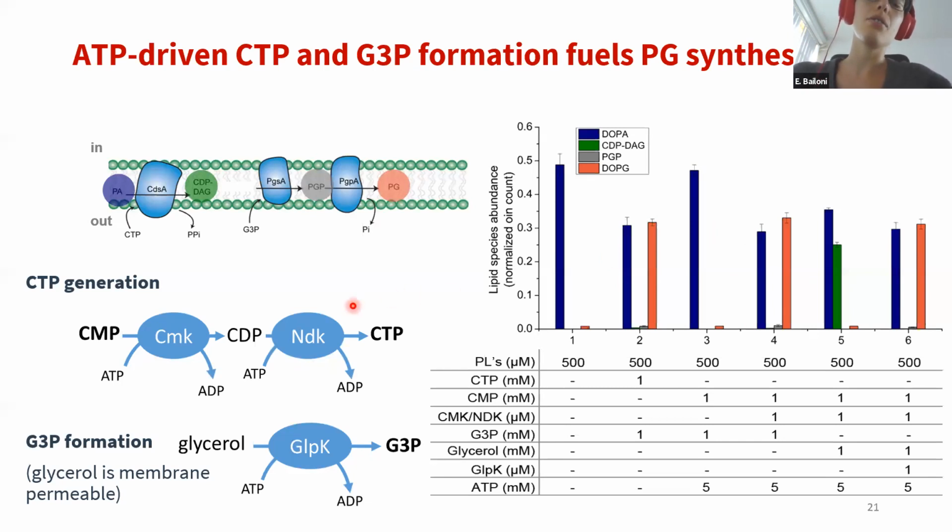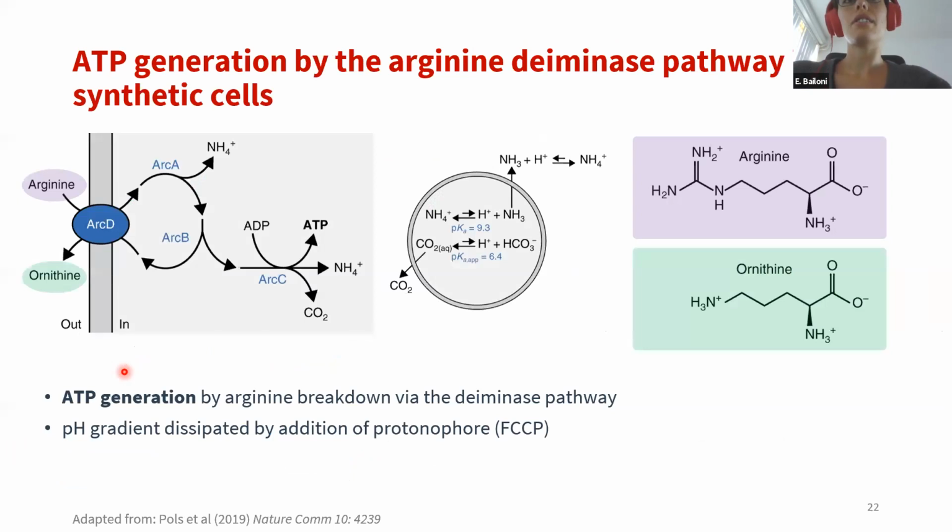And as you might have noticed, now all the reactions that are presented here, so CTP generation and glycerol 3-phosphate formation, are in function of ATP. So obviously we need to have a very efficient module or pathway for the generation of ATP inside the synthetic cells. And for that, we decided to use the arginine deiminase pathway that has been developed in our laboratory previously.